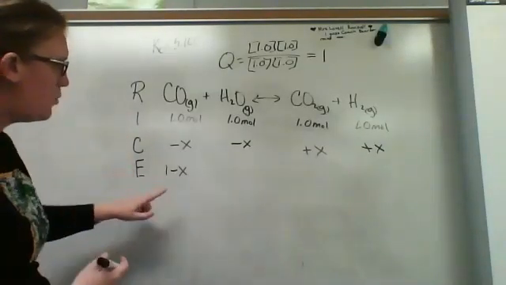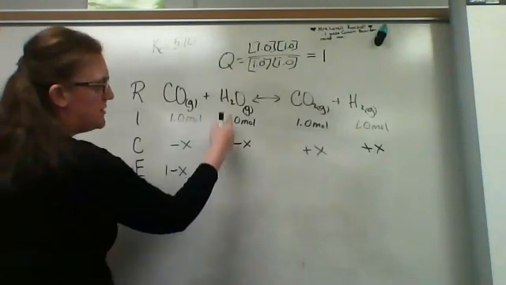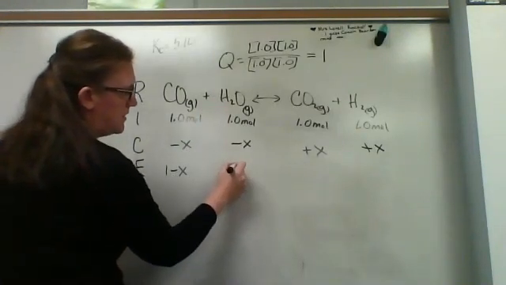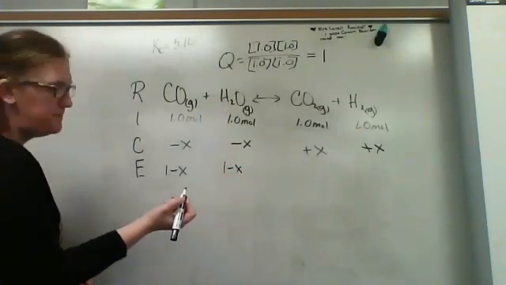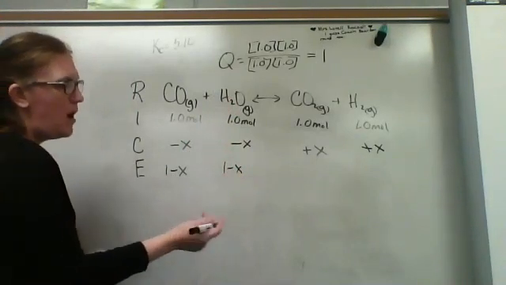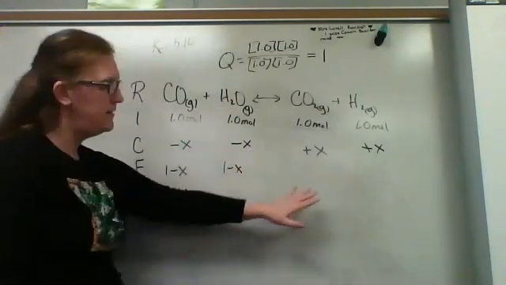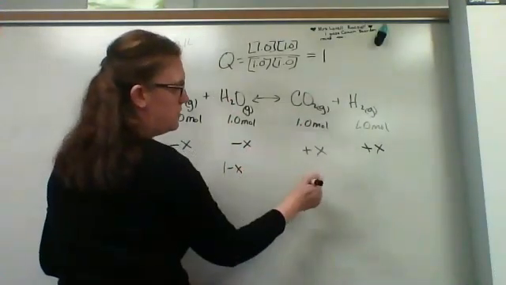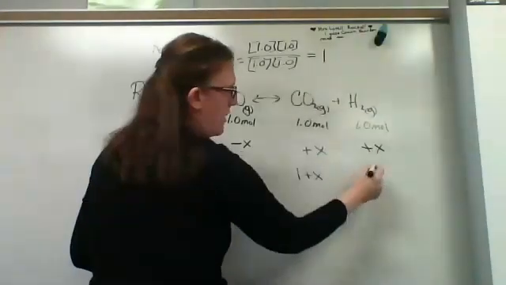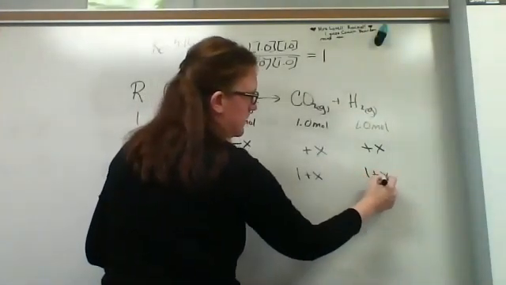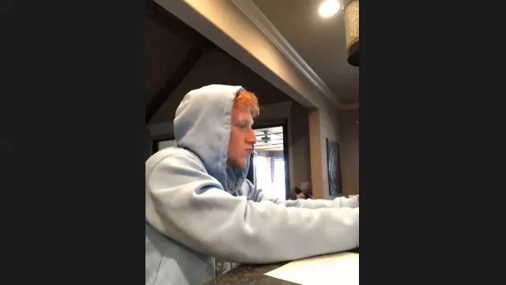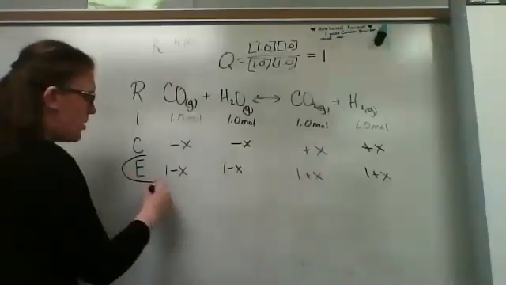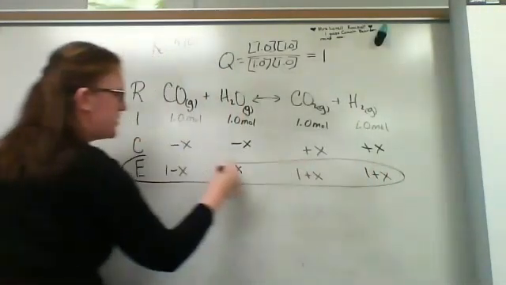So it's 1 minus X, and you do that for the water as well, so 1 minus X. Over here on the product side, what's it going to look like for our CO2? 1 plus X, and then 1 plus X. So these are our equilibrium concentrations right there.